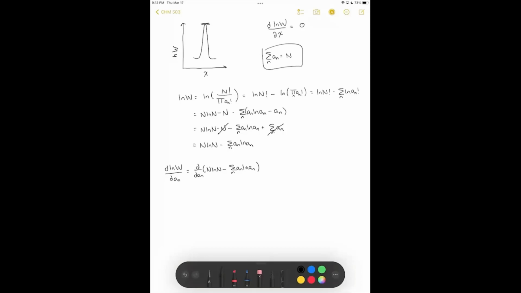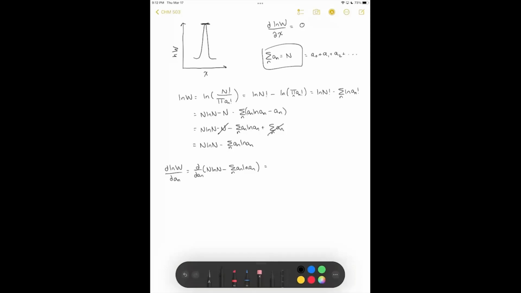So if n is equal to a 0 plus a 1 plus a 2, and we're taking the derivative with respect to, say, a1, we simply get 1. If it's a2, it's 1. If it's anything, we get simply 1 there. So we can evaluate both of these pretty easily.